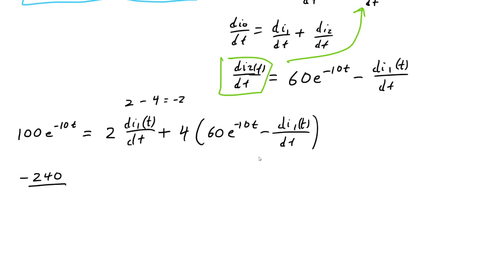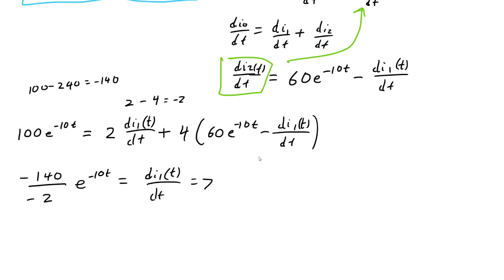So 100 minus 240 is minus 140. Okay. So I'm going to divide by the negative 2, and that gives e to the minus 10t equals dI1(t)/dt.